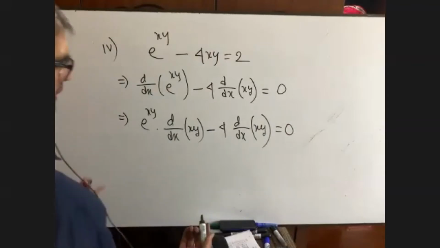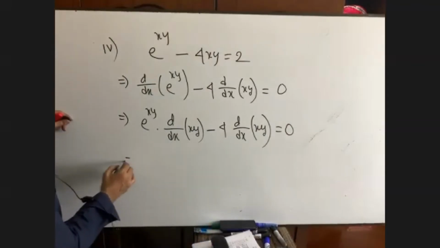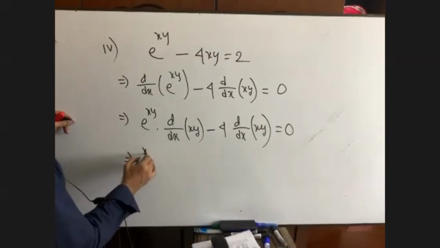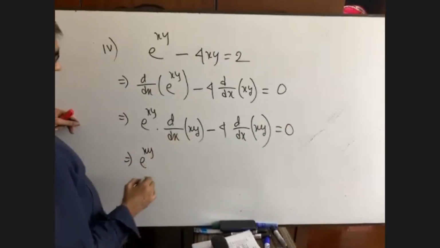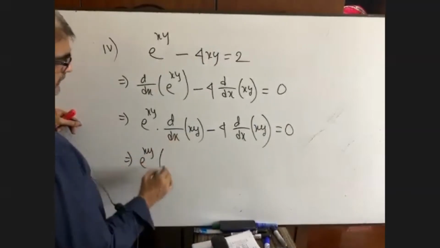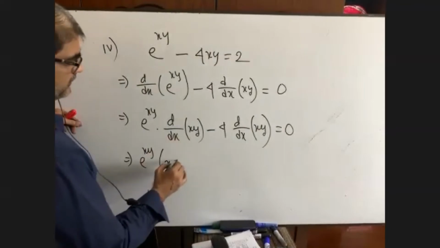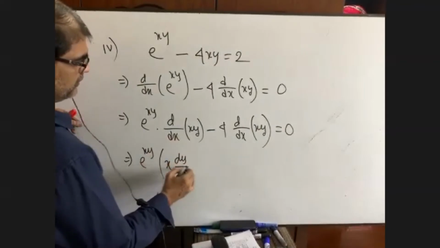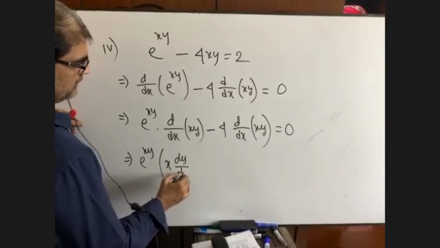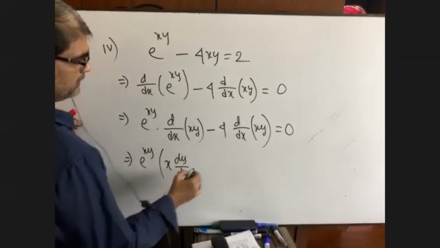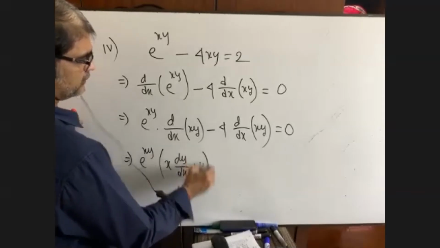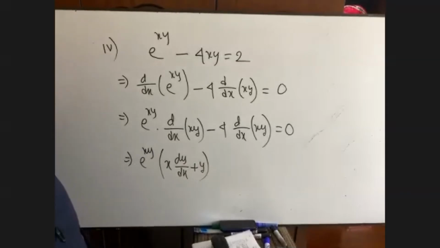Now can you do it, or shall I do it? e to the power xy, let me know what will be the answer at a time. x dy by dx, then plus y. Is it? Talk to me. Yes, sir.